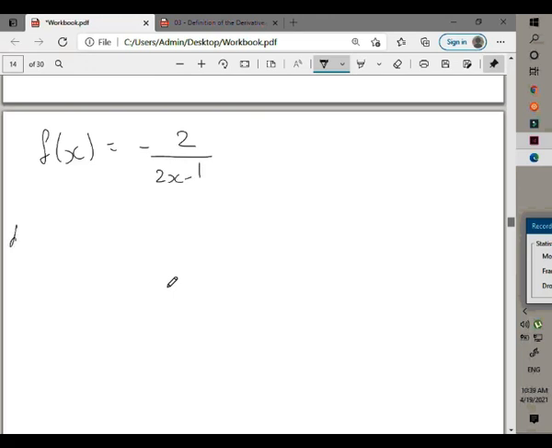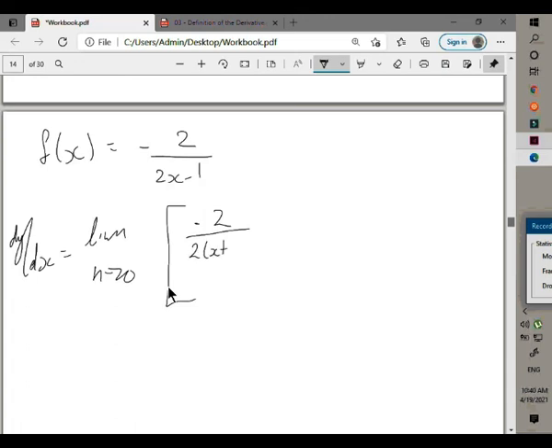So dy upon dx is equal to the limit as h approaches 0 of minus 2 over 2 open bracket x plus h minus 1, minus minus 2 over 2x minus 1, and this is all being divided by h.